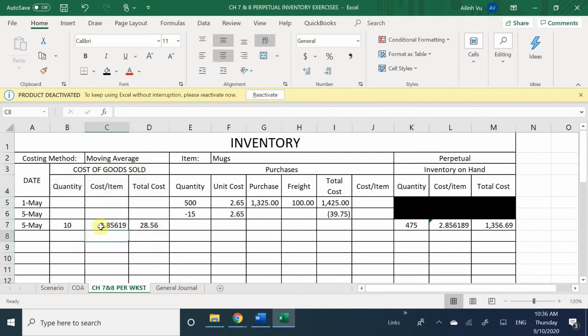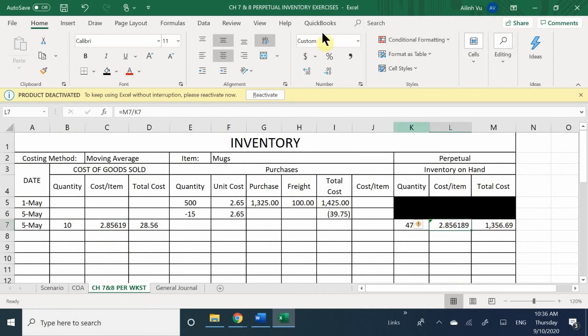So it's going to be for whatever costing method you are using. So in this case, we're using moving average. So this is the average for the amount of items you have currently. It's not LIFO or FIFO where you have to have batch 1, batch 2, batch 3. This is the average of the total amount that you have. All right. Did that answer your question?